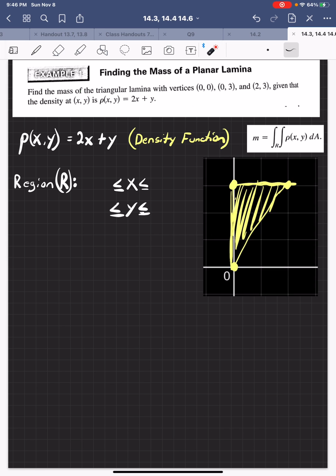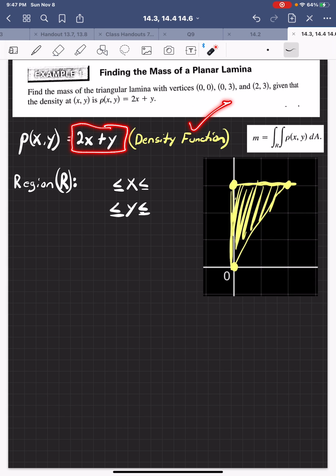Now, this is the region that's bounded in the XY coordinate system, but again, we want to find the mass of that triangular lamina given that the density is as follows, 2x plus y. So there, that 2x plus y is the density function.